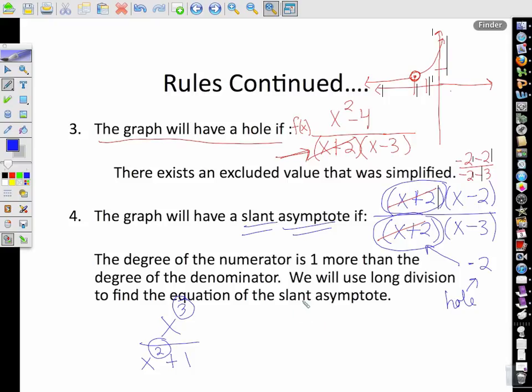Or that's telling us that we have a slant asymptote. Here's how you find the slant asymptote. You will use long division. You put x to the third on the inside, and you'll put the x squared and 0x plus 1 on the outside, and whatever your quotient is, that'll be your asymptote. We will see examples of all of this in your next video.